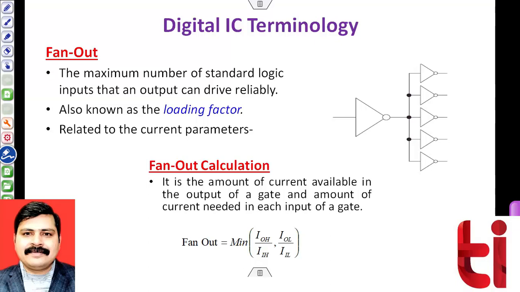That means the current which is available here and the current which is required to drive this particular gate. Mathematically, fan out is the minimal value of the ratio IOH upon IIH or IOL upon IIL. The idea will be clearer if we see one example for this.